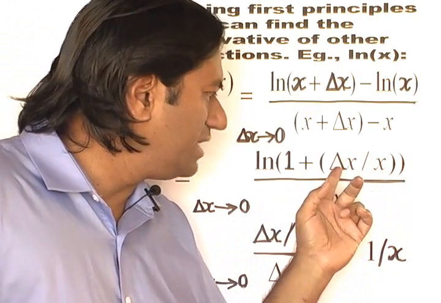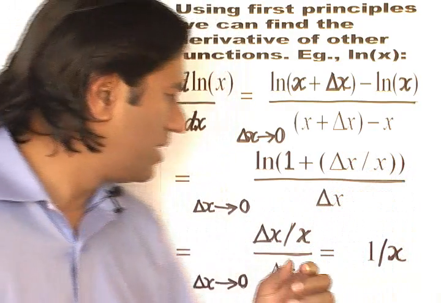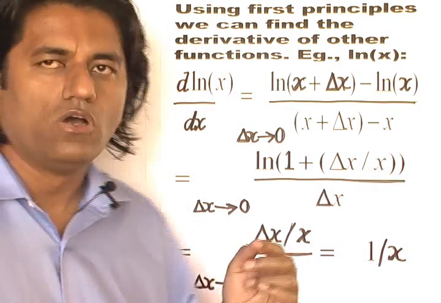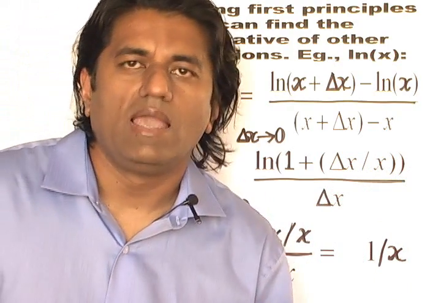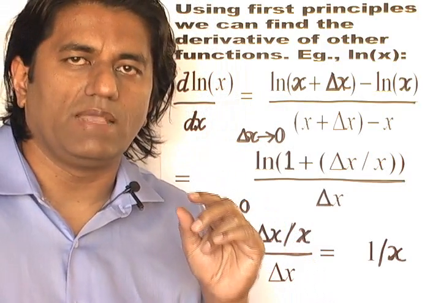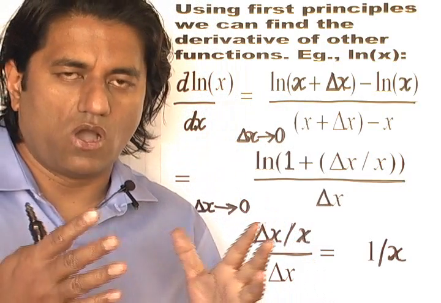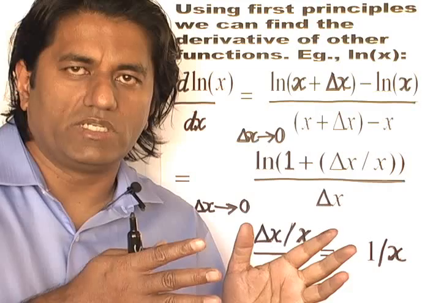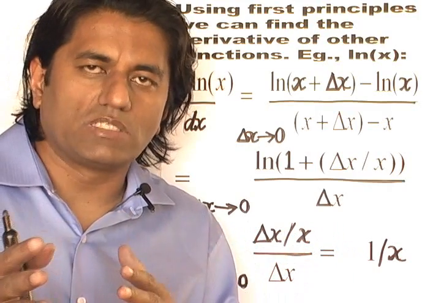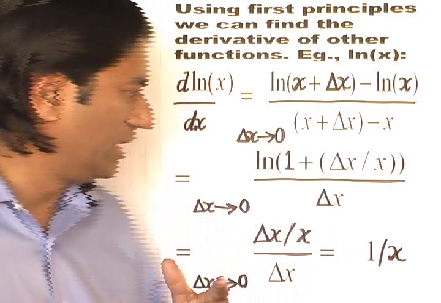Now this quantity delta x by x, as delta x tends to 0, is a very small quantity. And for a very small quantity, the log of 1 plus that small quantity is approximated to simply that small quantity.